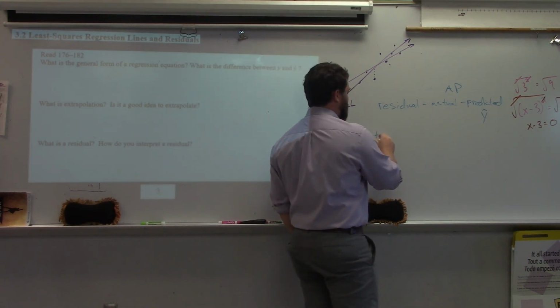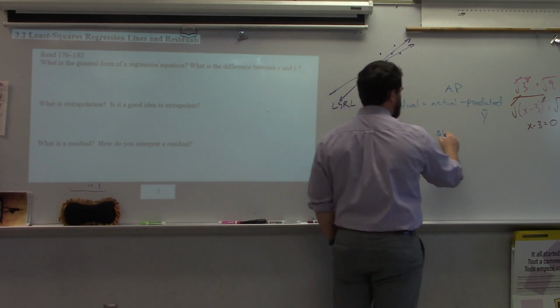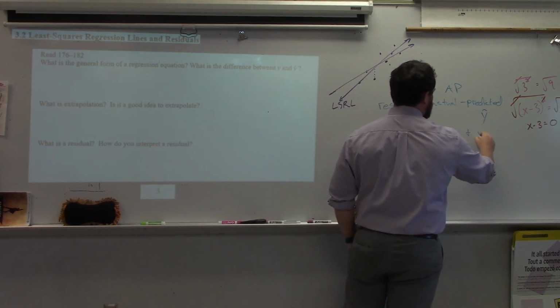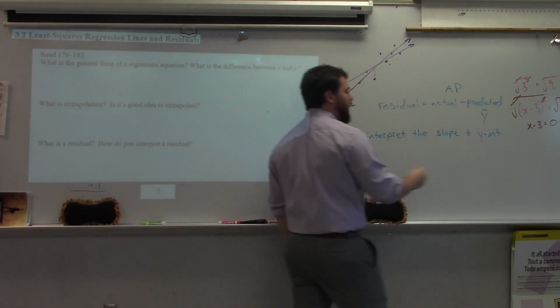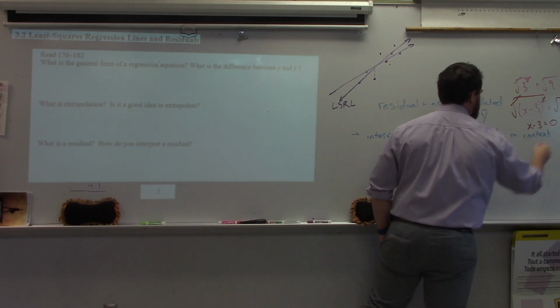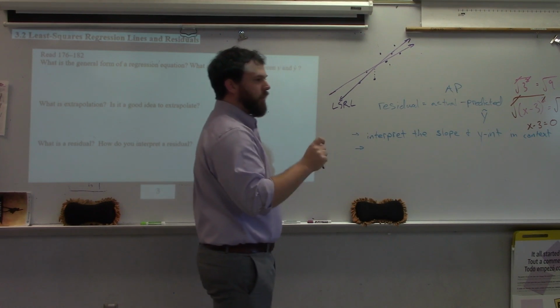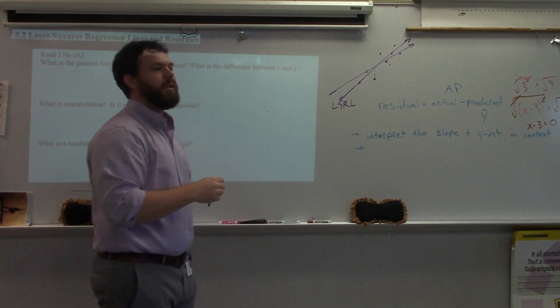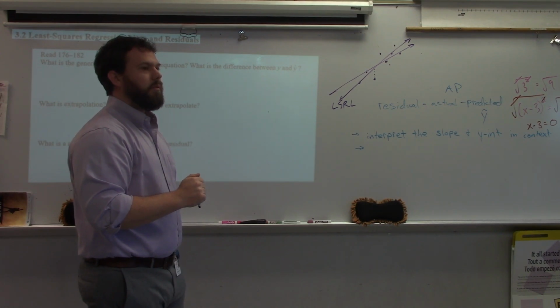So what are we going to try to interpret? Interpret the slope and y-intercept. We're going to come back to that in a second, but you've got to know how to interpret the slope and y-intercept in context. Yes, Bryson? Are we putting that under where it says how you interpret it?